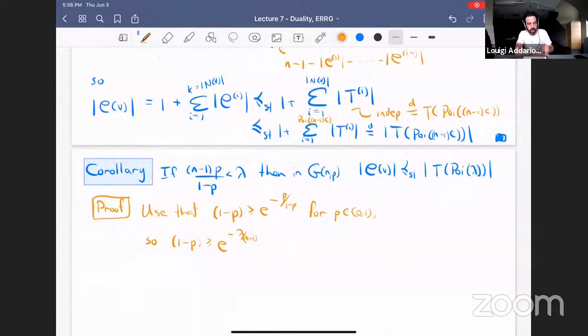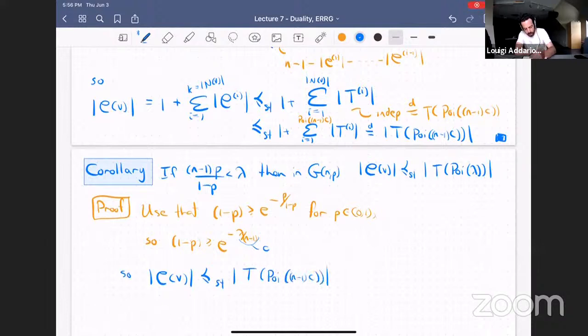Okay, so now if we call this value up here c, then the theorem tells us that the size of the component containing v is stochastically at most the size of a Poisson((n minus 1)c) Galton-Watson tree.